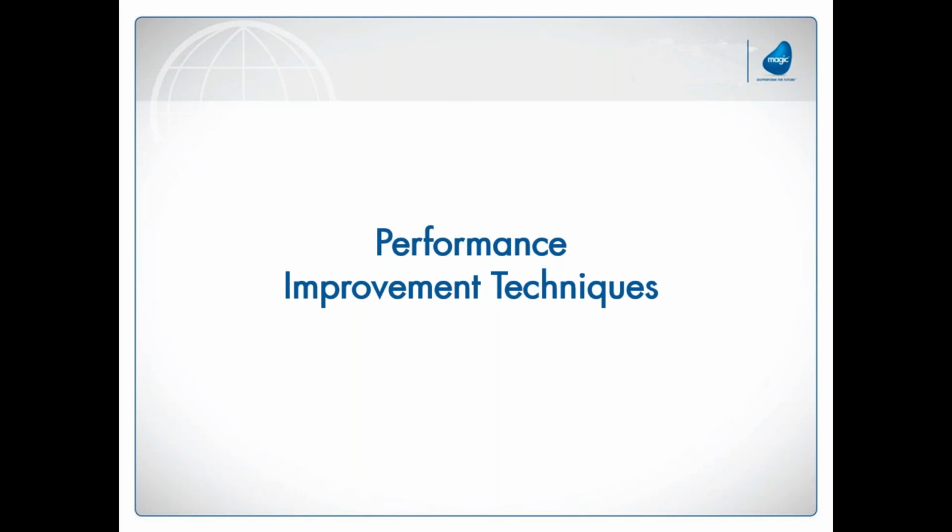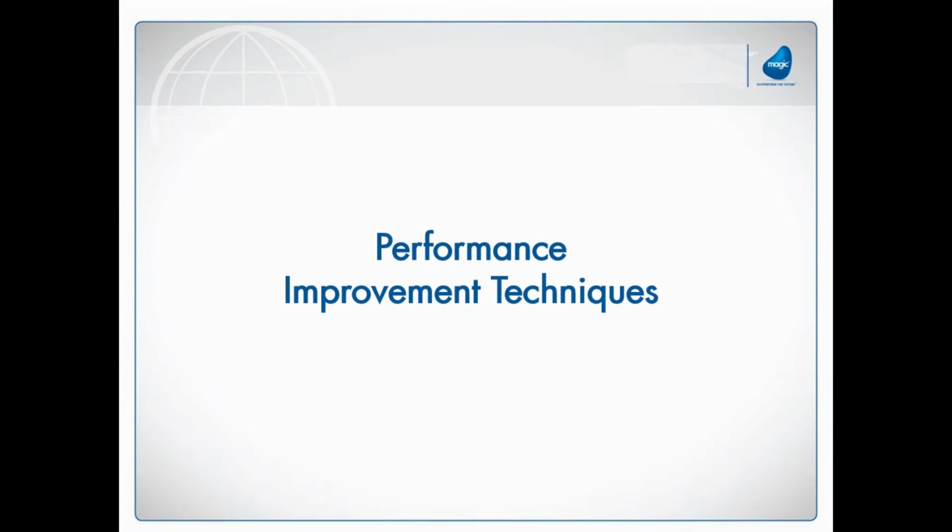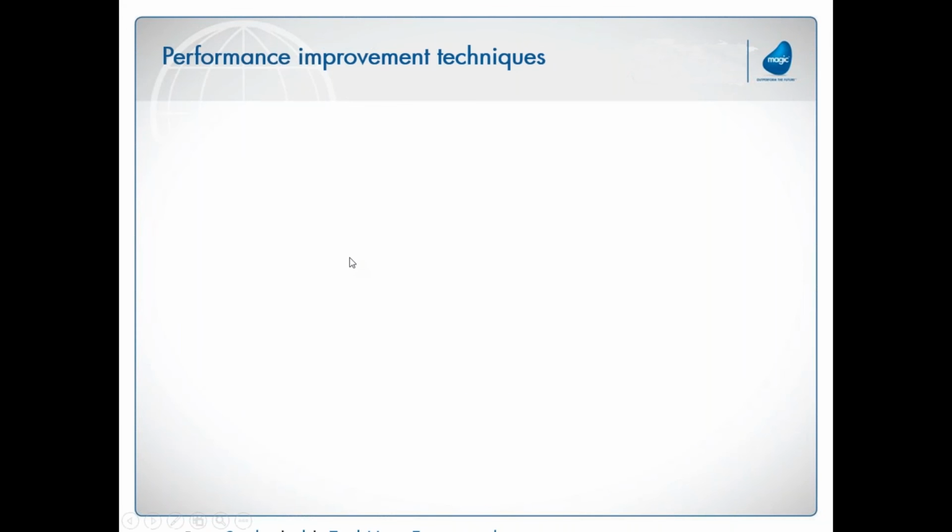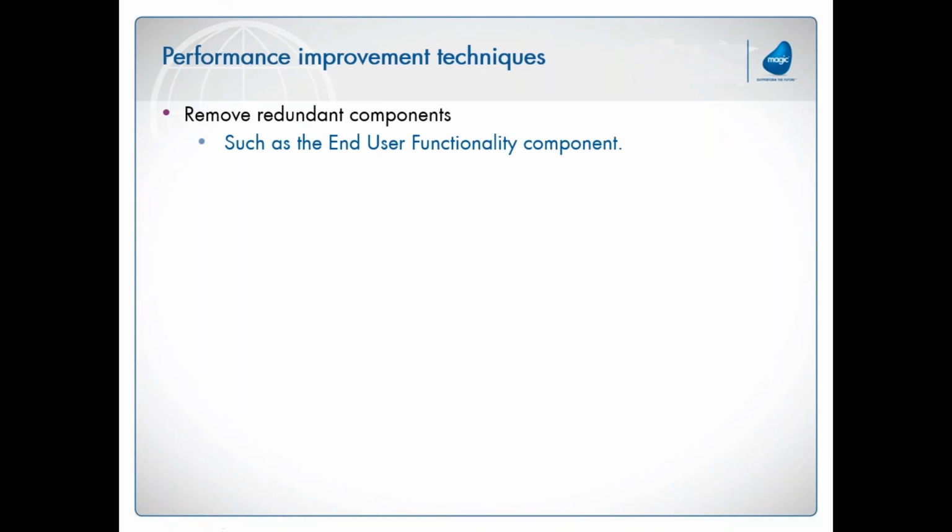So first of all, when you create a new application, you usually have the end user functionality component, and usually you have the default menu. Now, if we are talking about mobile devices, then the end user functionality component is actually not used there, and also the default menu is not used, since there is no MDI, which this menu is usually assigned to. But still, since they are defined in the application, then in order to support offline, they will be copied to the client side.